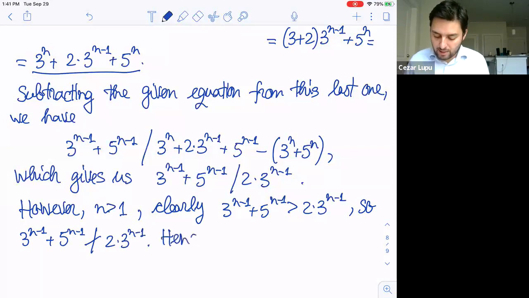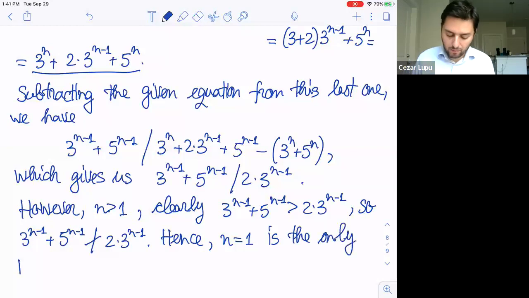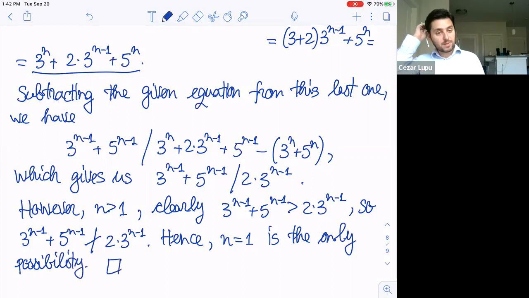So the only case left for us is n equals 1. That's the only possibility. You see, it's just playing around with the operations. And we're done. That's it. Nice, huh?